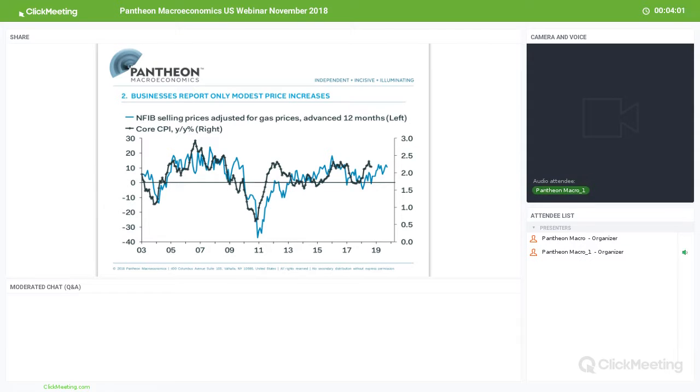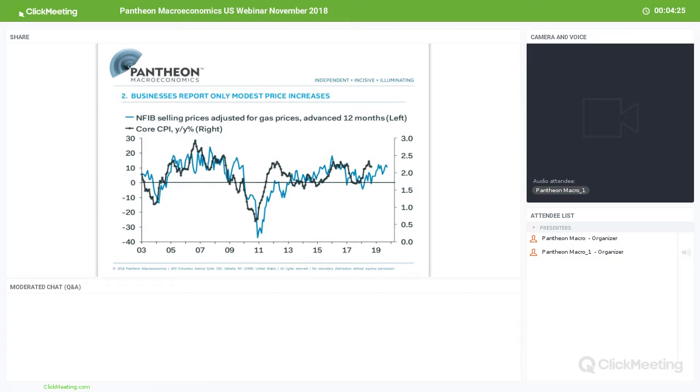It's not always dead right, and the lag varies somewhat, but broadly speaking, it's a pretty good leading indicator of core CPI inflation, and it suggests that over the next year or so, 2.25% is about what would be reasonable to look for. Again, it's very hard to get alarmed about that. There's nothing worrying in those numbers at all. It's consistent with the message that we're seeing from unit labor costs.